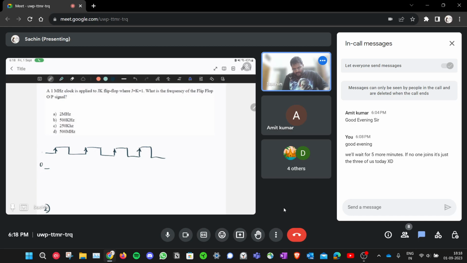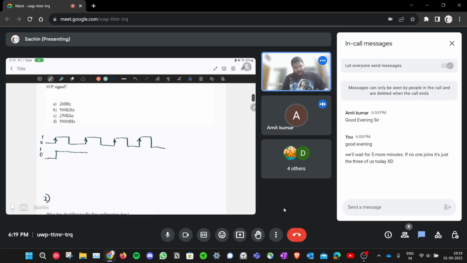So we start out with the 0, and at the positive edge the output will flip because J is equal to K is equal to 1. So it will go to state 1. Then it will stay like that until the next positive edge of the clock pulse.